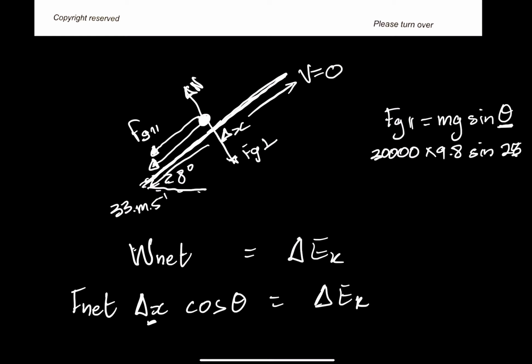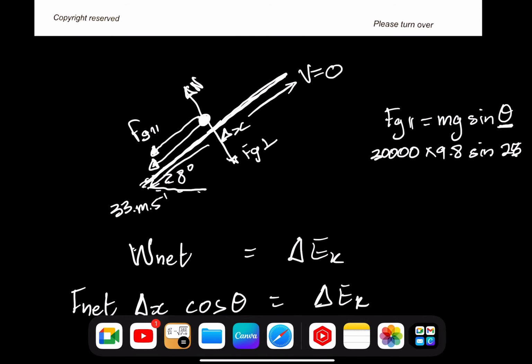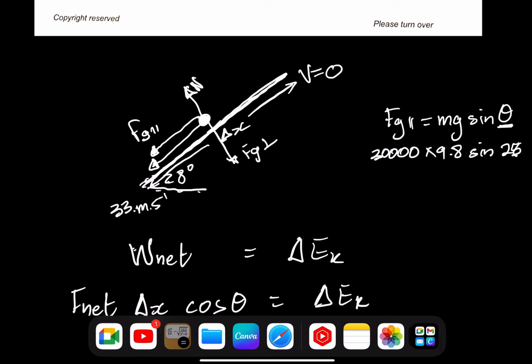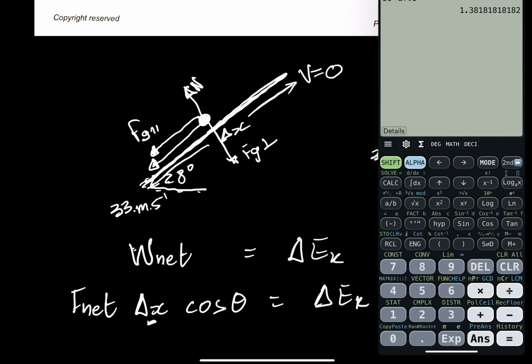Let me try and get my calculator there. Okay, in this case, please just keep in mind that when you're talking about the angle of elevation, or FG parallel, you must always make it a point that you use the angle of elevation.